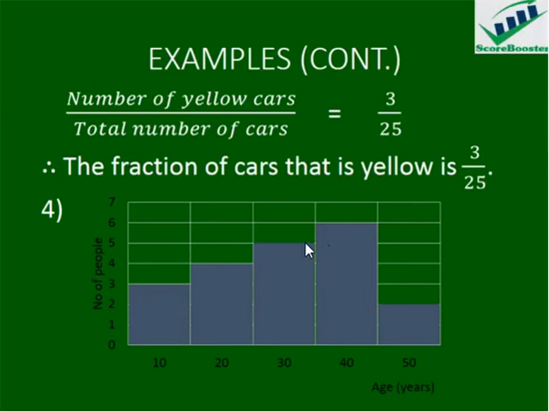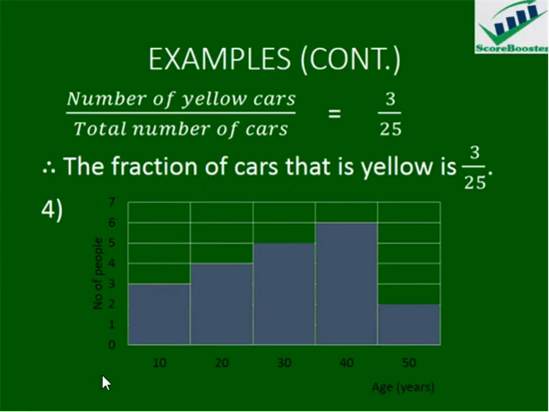So now we move to the fourth question. The fourth question is on histogram. This particular question shows the ages of the victims of pollution. We are asked to find the number of people that were involved in the pollution.